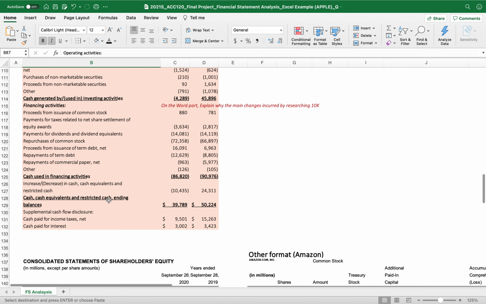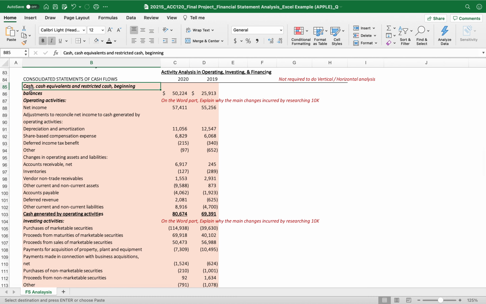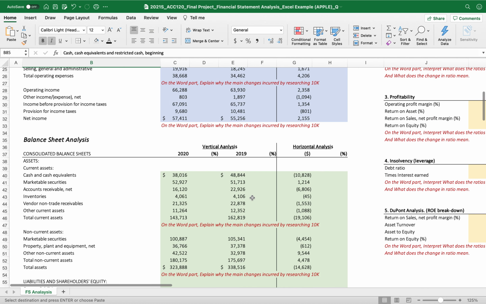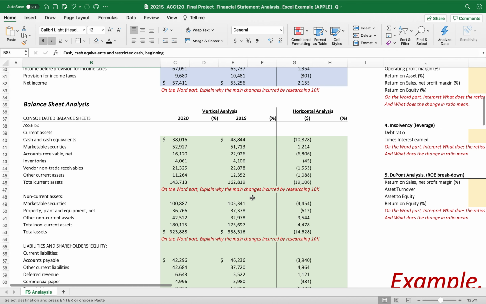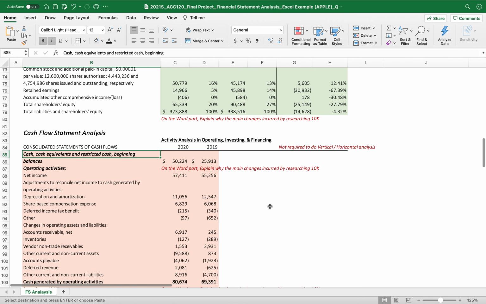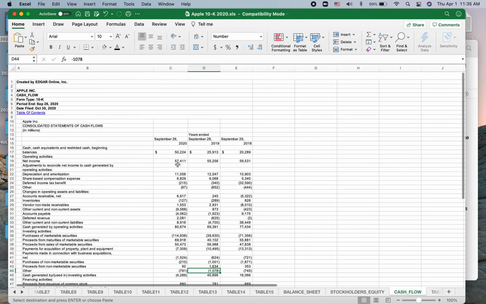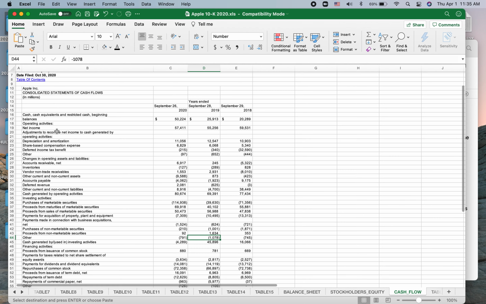The cash flow statement is very easy. Again, you can just copy and paste. You don't have to develop this one, because you don't have to do vertical analysis and horizontal analysis for the cash flow statement. You can just copy and paste it from the 10K, okay?